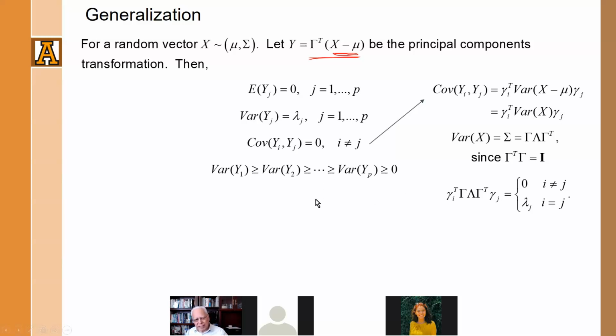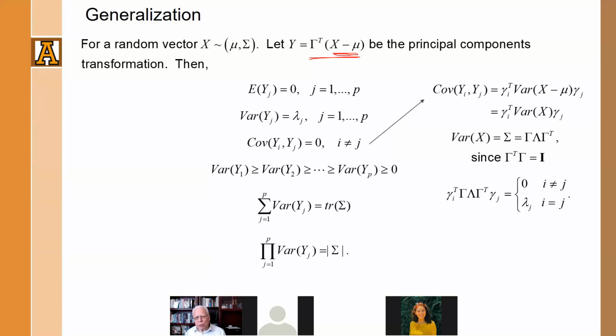They go decreasing because that's the way we compute the eigenvalues and the eigenvectors. The sum of the variances is just the sum of the elements of the diagonal of sigma, the trace, and the product of the variances is the determinant of sigma.